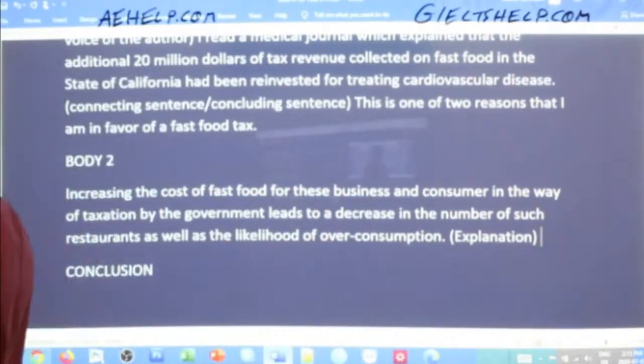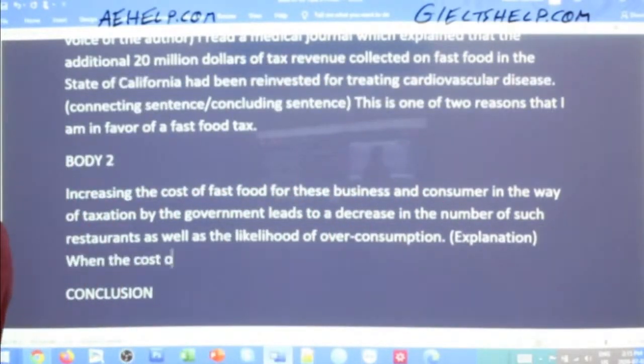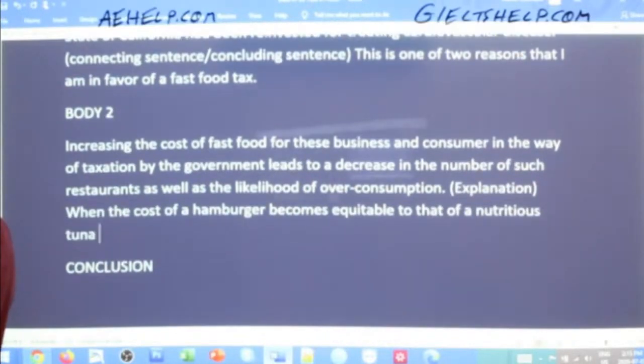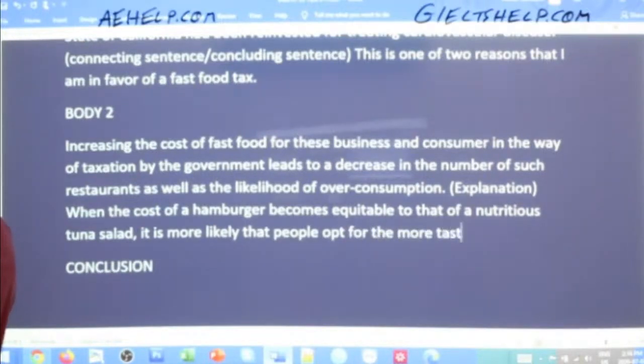Right? So when the cost of a hamburger becomes equatable to that of a nutritious tuna salad, it is more likely that people or consumers opt for the more tasty.